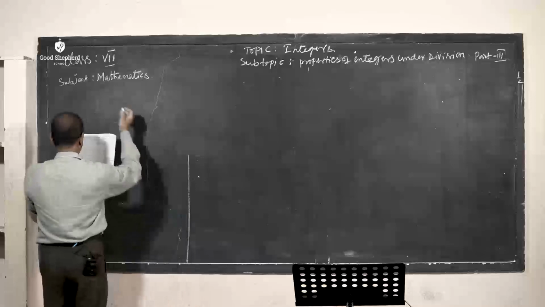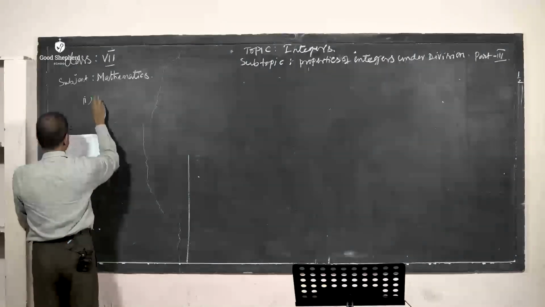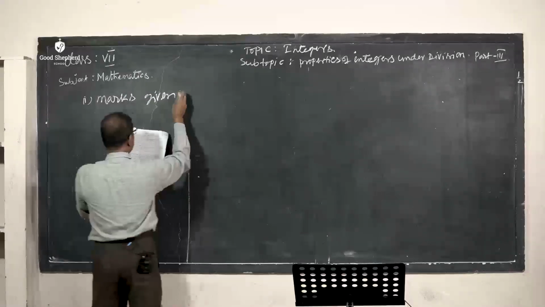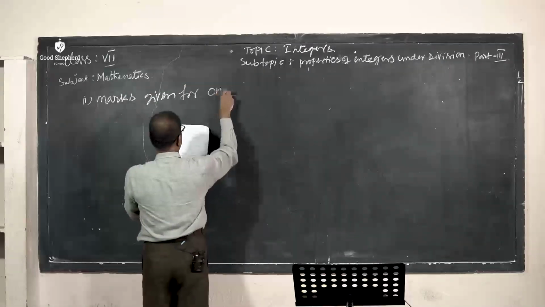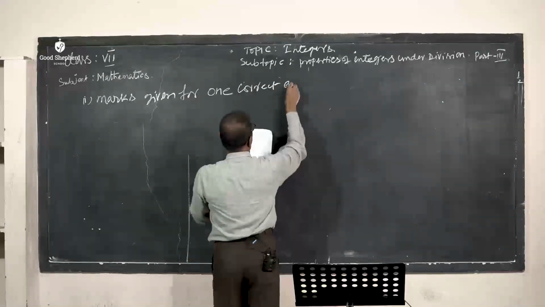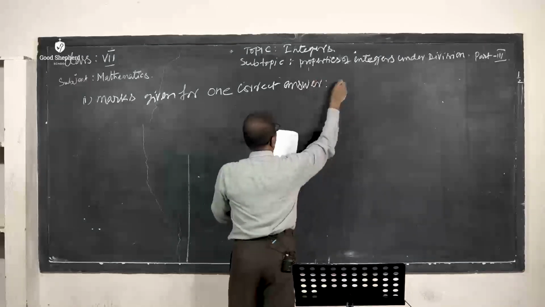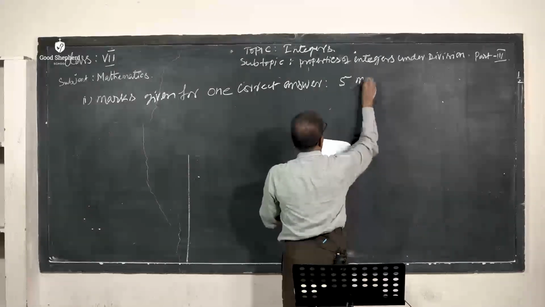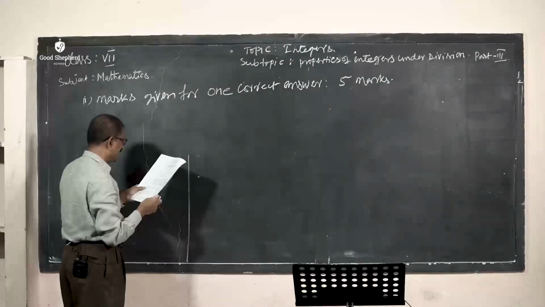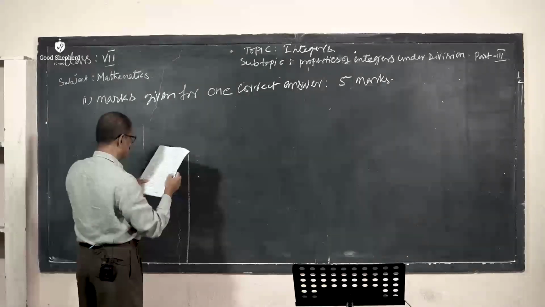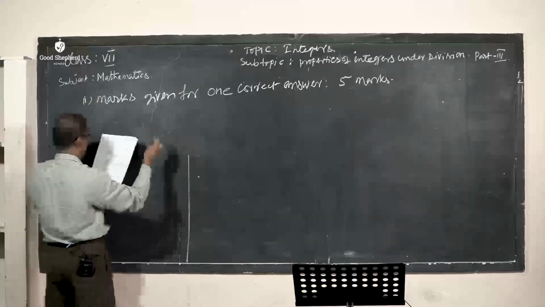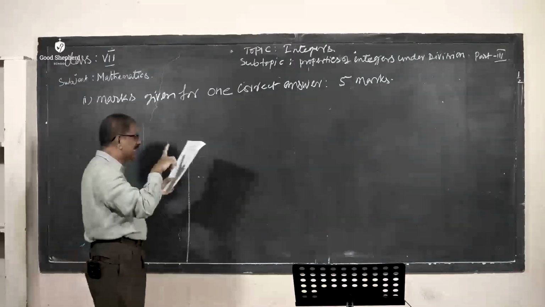So, first information given is marks given for 1 correct answer, 5 marks. The next is the marks given for 10 correct answers.